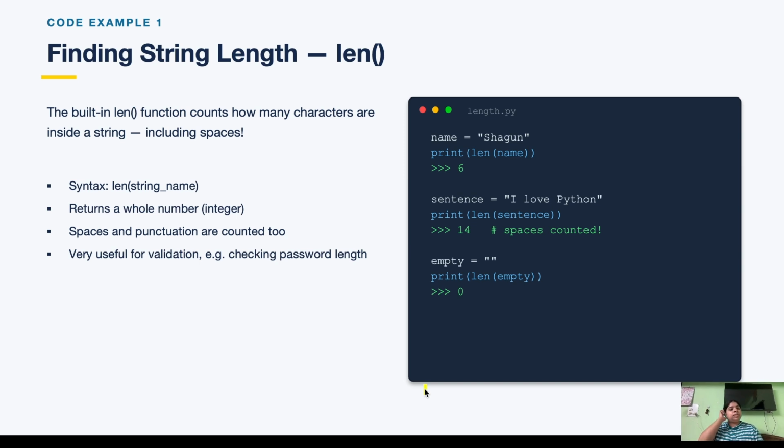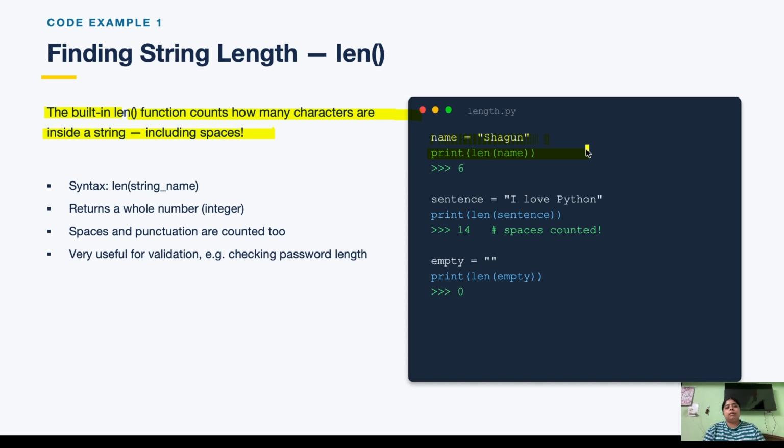Finding length of the string. We have found the length of a lot of things. Even we have found the length of a list, right? So let me revise this for you again. What is length? The built-in length function counts how many characters are inside a string, and it includes spaces as well, right? The spaces you put are also counted. So how is it counted? You write a string, then you print length, and then you put that string name.